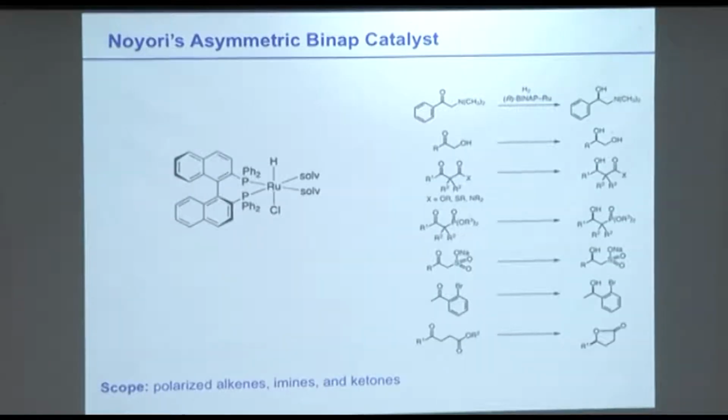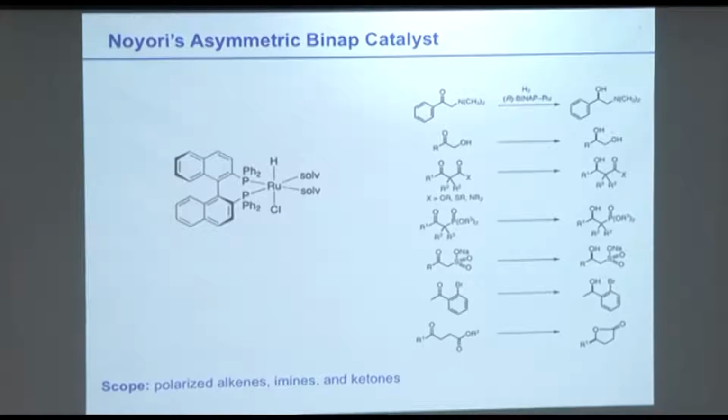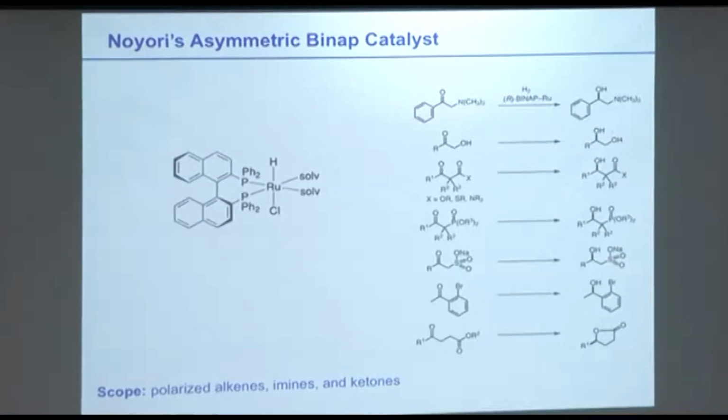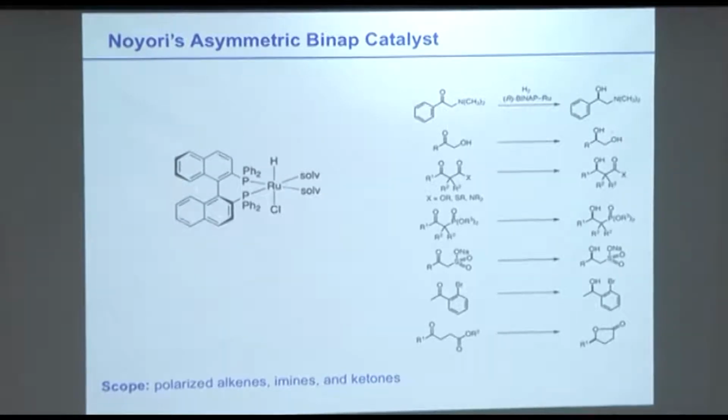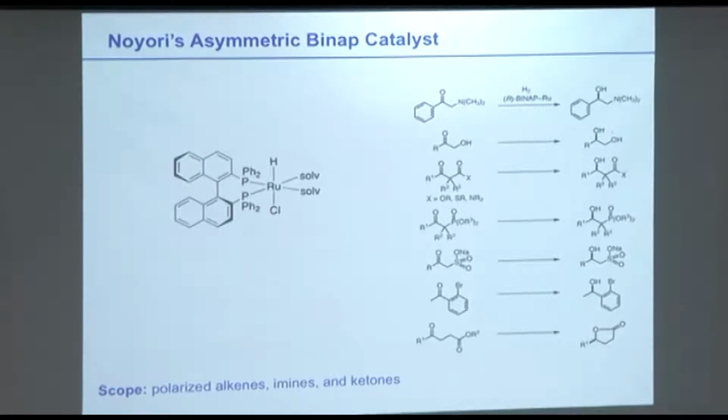The third class of hydrogenation catalysts are the Noyori systems. I've shown you the amine-amide system in the heterolytic activation of dihydrogen. The other one that he propelled are these BINAP type or diphos systems, where he showed that this works as well in a very asymmetric version.